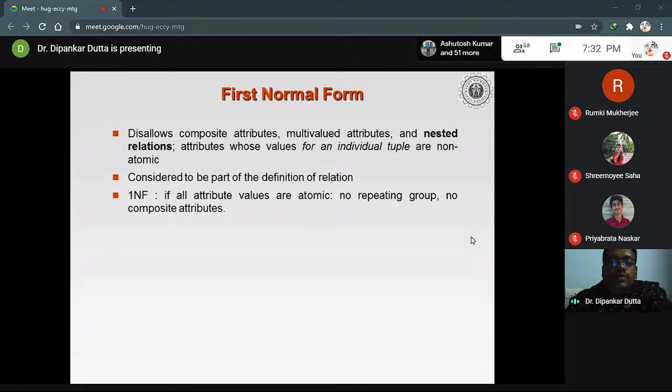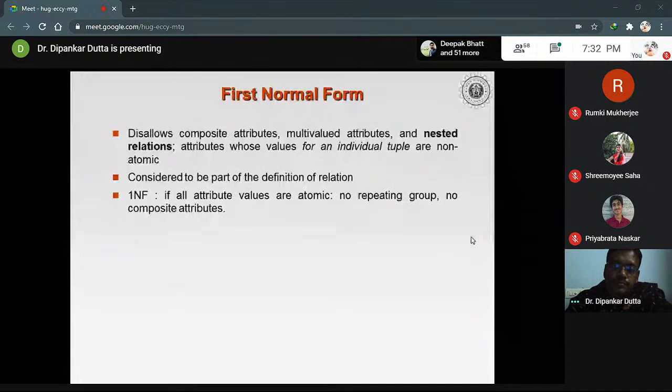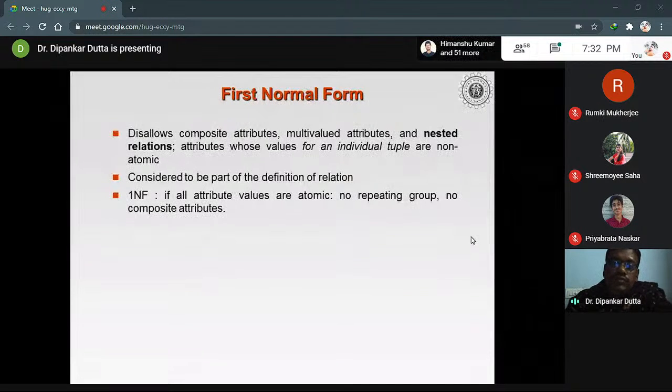This first normal form is considered to be part of the definition of a relation. So, first normal form: if all attribute values are atomic, with no repeating groups and no composite attributes, in that case that table is in first normal form.